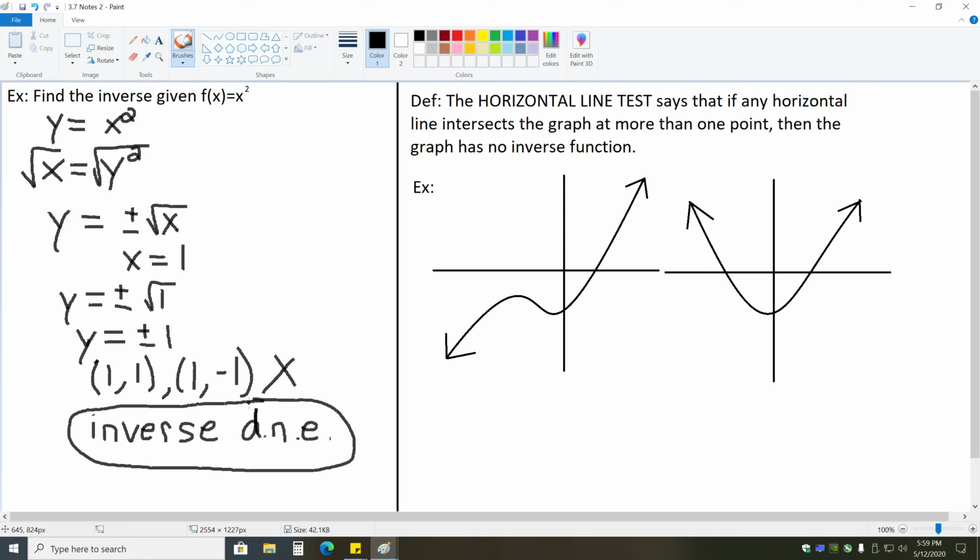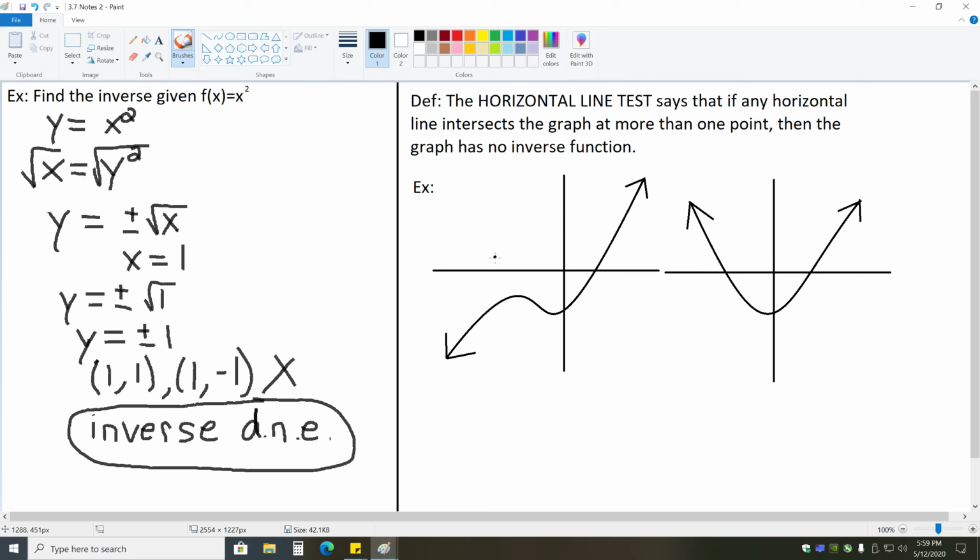So this is always something to look out for. If you get multiple y values for the same x value, the function isn't possible. So there is no inverse function. But that's not always easy to prove, so we introduce the horizontal line test, which says that if any horizontal line intersects the graph at more than one point, then the graph has no inverse function.